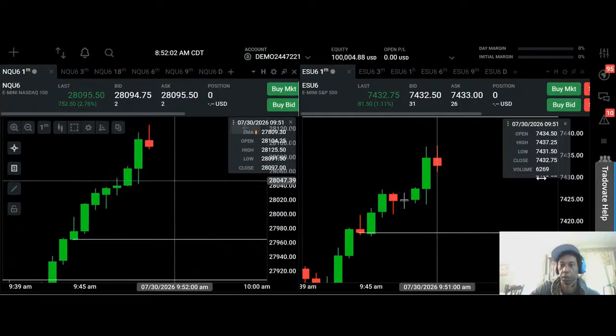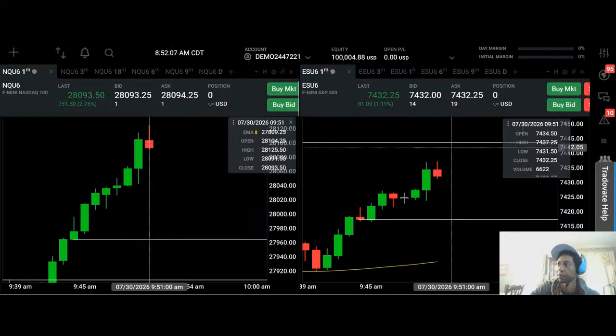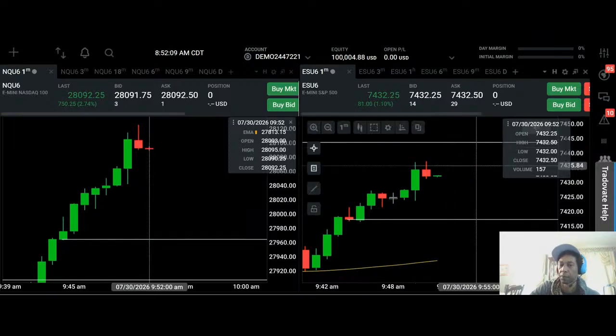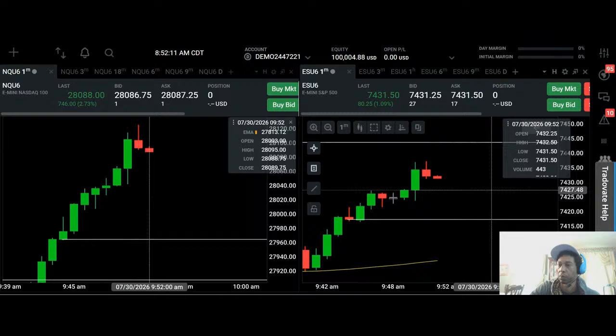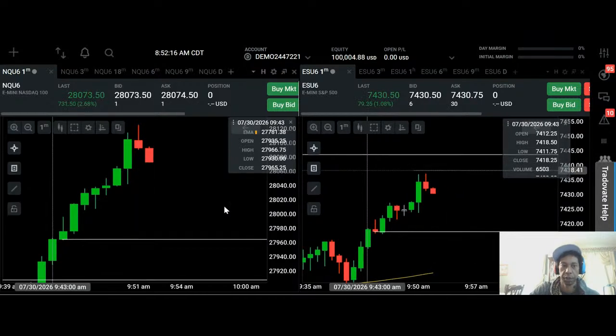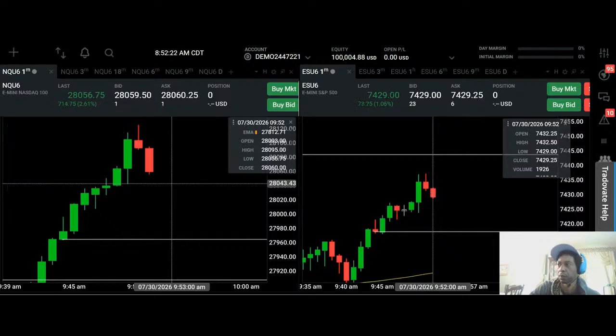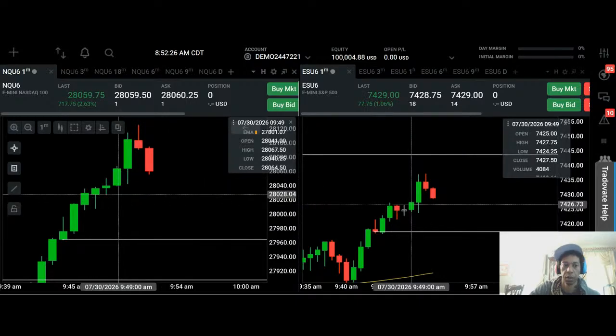Let's hold on for a second. You got ES almost at that point of interest that I had marked out prior to. 9.49 candle. Let's see who sweeps the 9.49 candle.